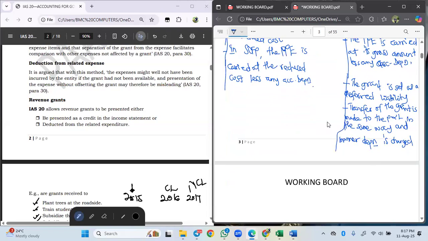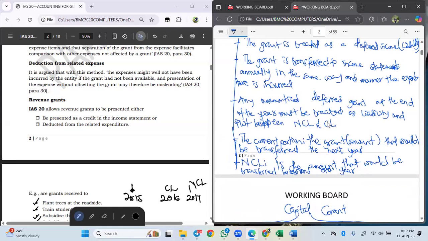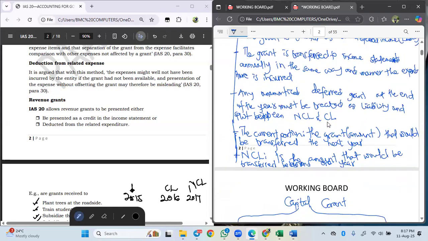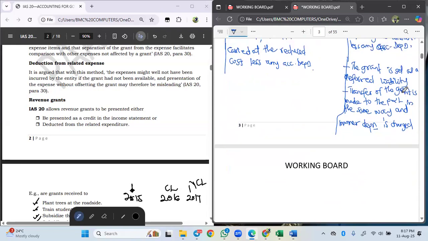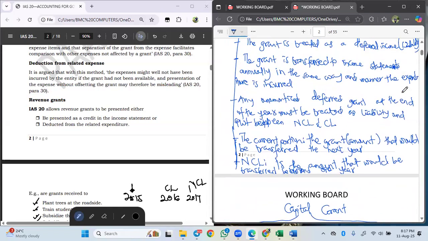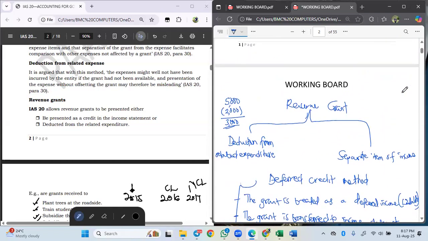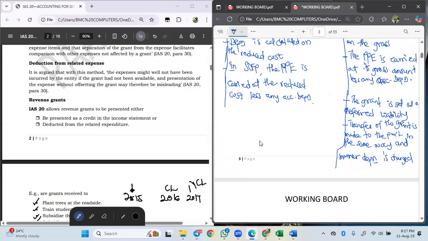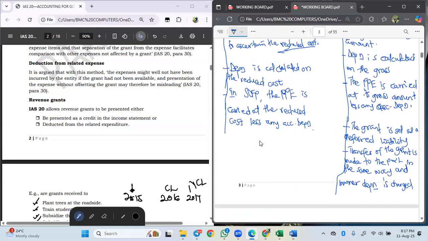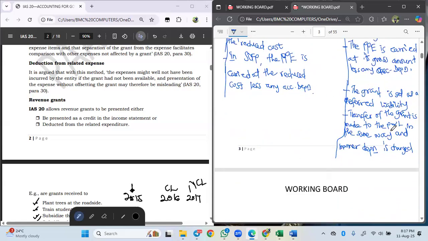Okay. So you see, the revenue grant, you transfer the grant to the P&L in the same way and manner expenditure is incurred, because that one is the revenue grant. But this one is capital, okay, capital grant. So this one will be transferred to the P&L in the same way and manner depreciation is charged.